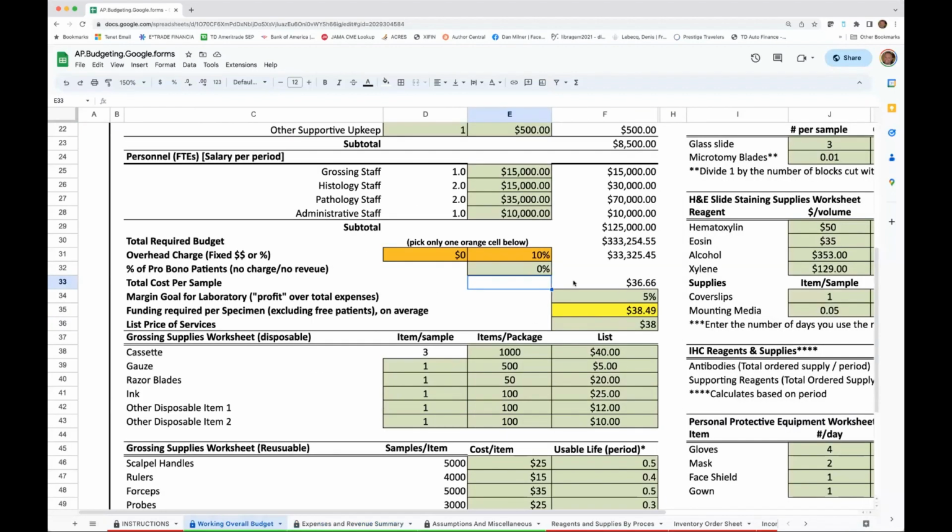But notice that, let's say another lab opens up and they're charging $42 for their services. We can actually increase our price to $41.50, right? Okay, so now we're not at 42, we're at $41.50.